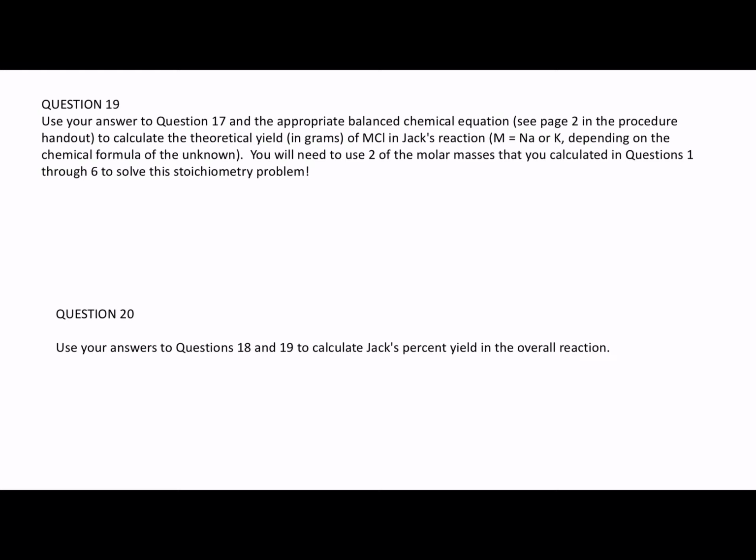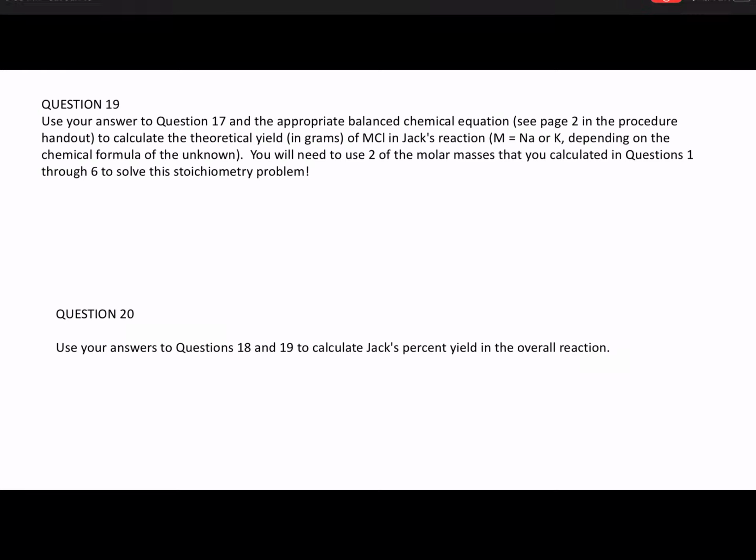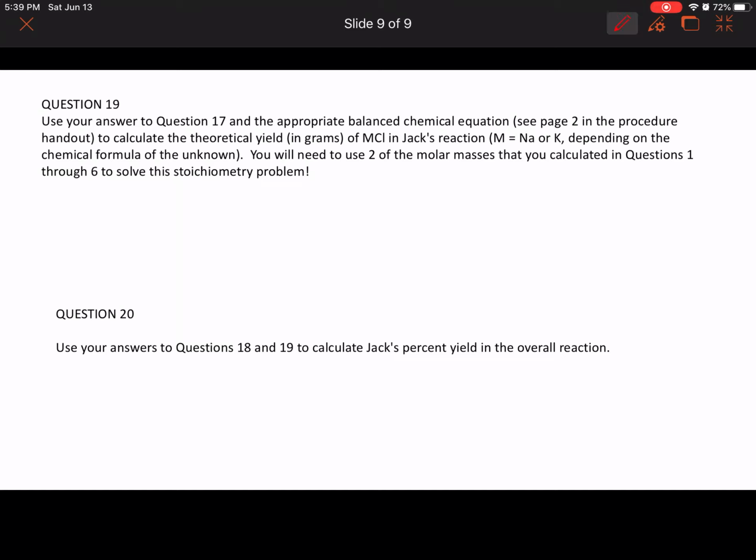Now I also explained in your pre-lab discussion, the lab discussion, that if you had a bicarbonate, and our case is we know that it's potassium hydrogen carbonate, the first step was you heat it, and then it became potassium carbonate plus water.